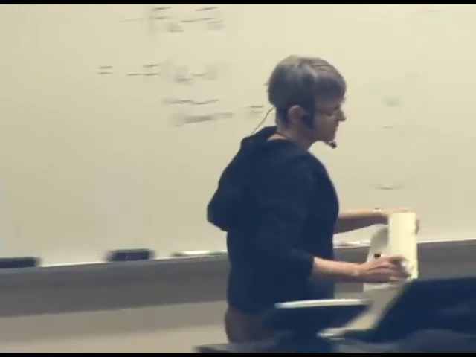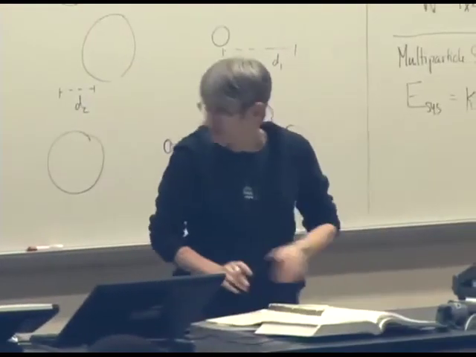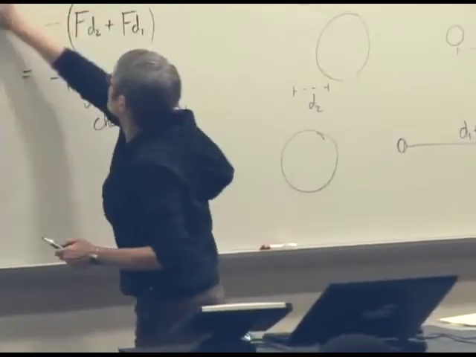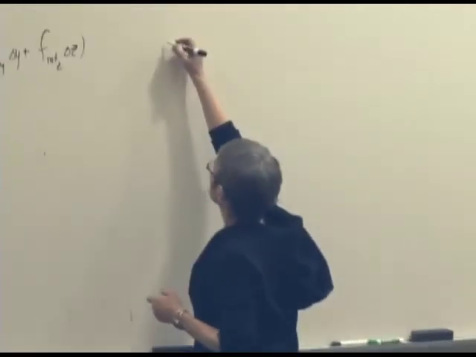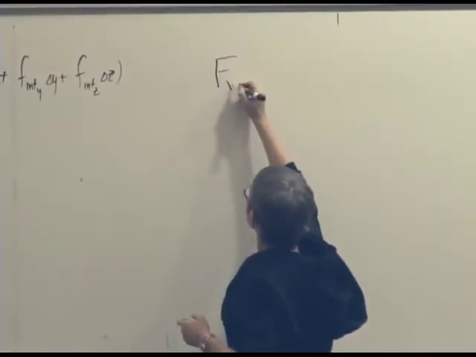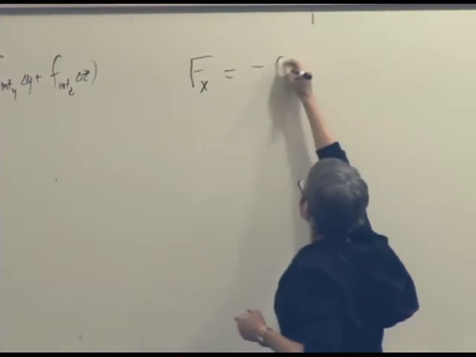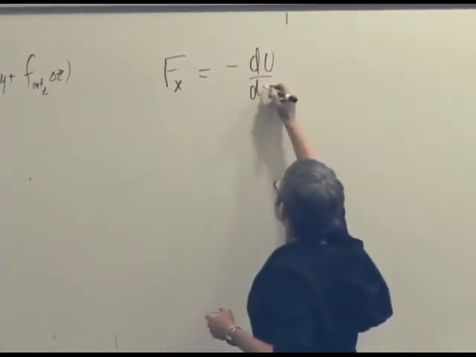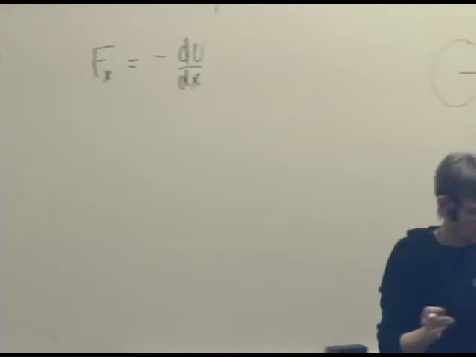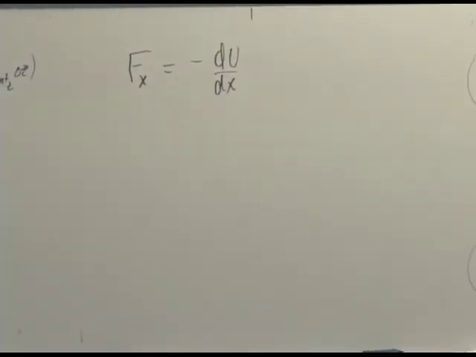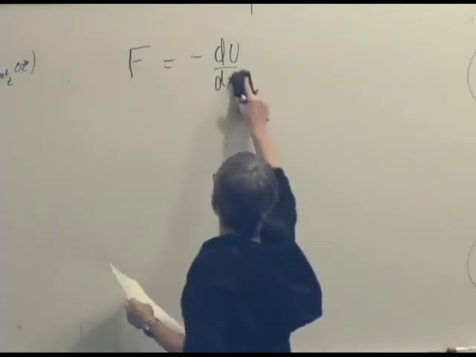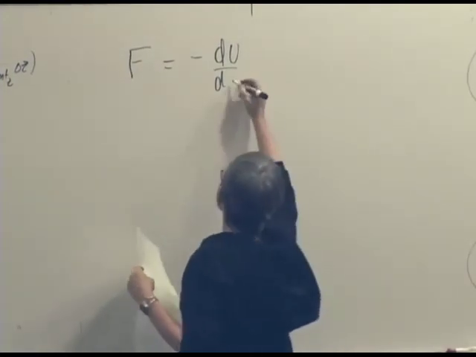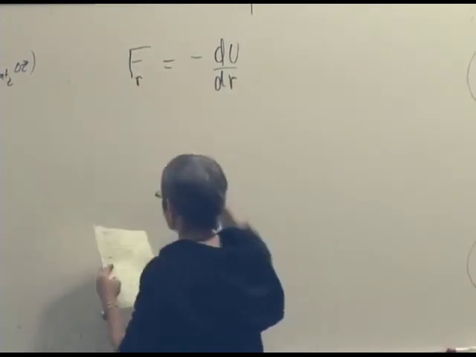So if we can write the force as the negative gradient of the potential energy, we have an expression for the gravitational force. More generally, let's write it with respect to R, the magnitude of the separation here.